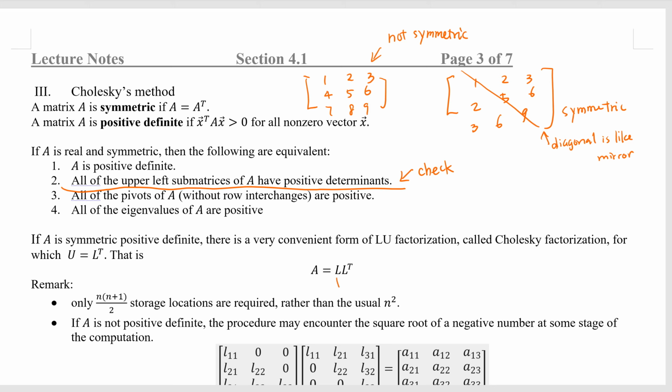Now L is a lower triangular, but L transpose is actually an upper triangular because we flip it across the diagonal. Okay? So now only n times n plus 1 over 2 storage locations are required rather than the usual n squared.